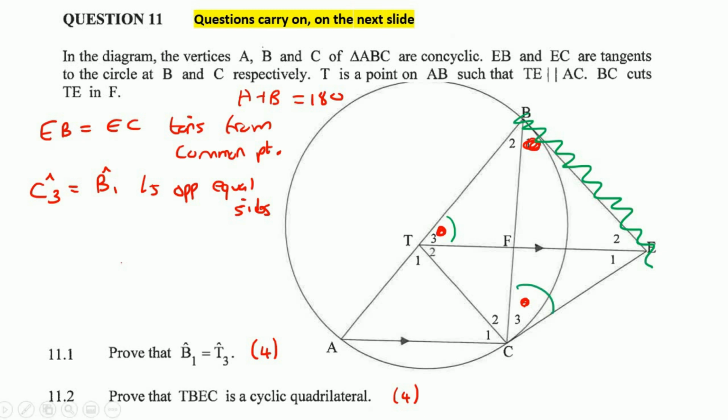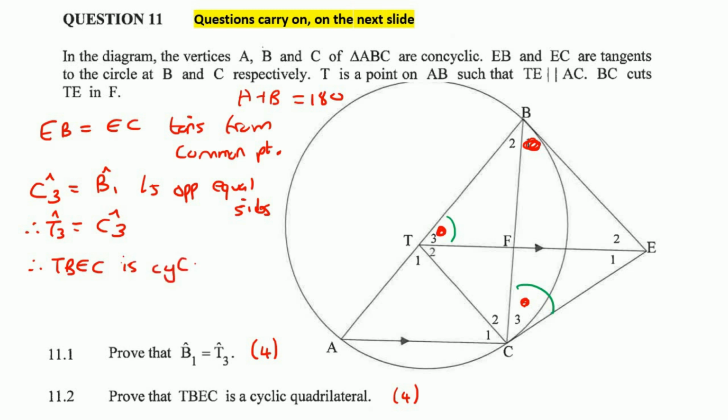So if those two are the same, then it's a cyclic quad. And boom, they are the same. So it is a cyclic quad. So what I do now is I say, therefore, angle T3 is the same as angle C3. Therefore, this thing TBEC is a cyclic quad. And the reason is it's the converse of angles in the same segment.